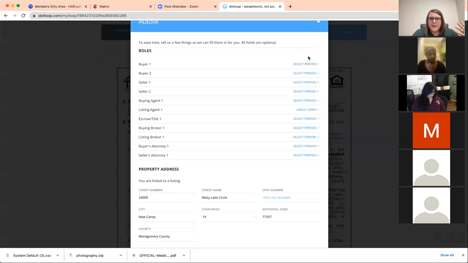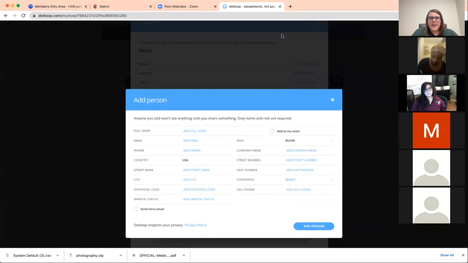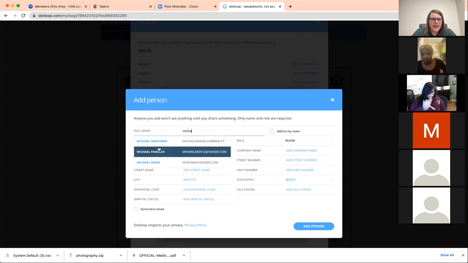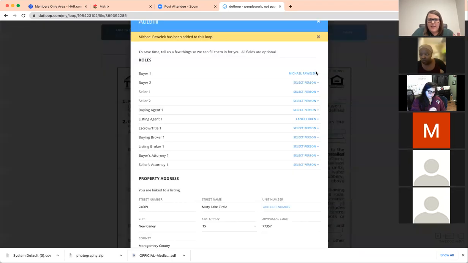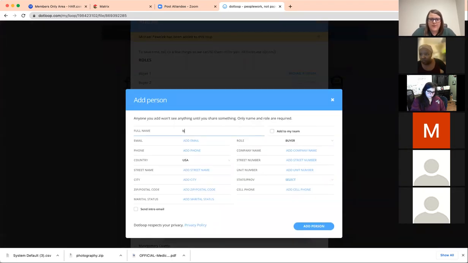If your buyer uses electronic documents, like is willing to electronically sign things, I highly recommend doing this right off the bat, because otherwise it's going to be annoying having to go back and do it later. So I'm just picking some buyers of mine just to use for reference. It's not going to send them anything.